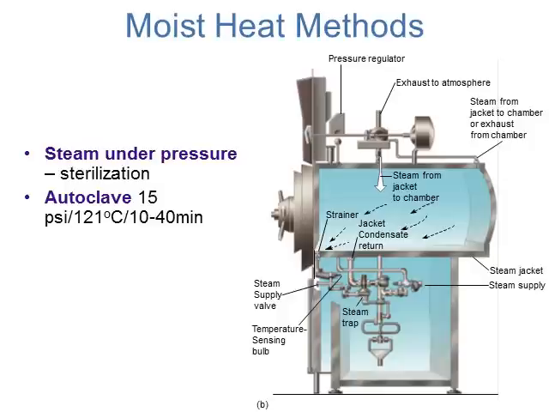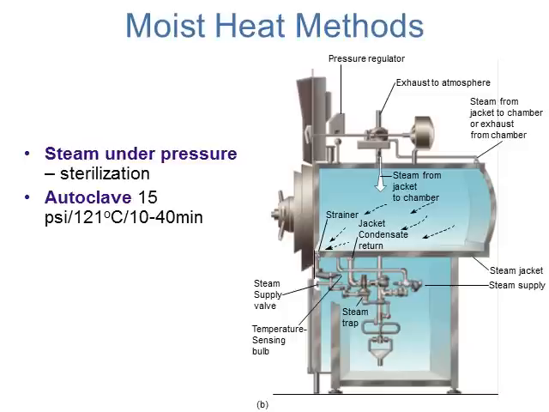Moist heat methods. The most common moist heat method is using an autoclave. This is where we have steam under very high pressure. It's a type of sterilization, so you're killing all living things. In lab, I have an autoclave that I use to autoclave all of the plates and other items we've used in lab.